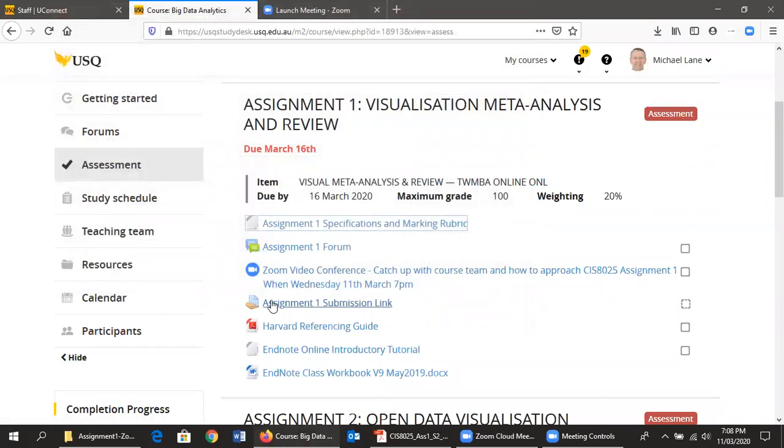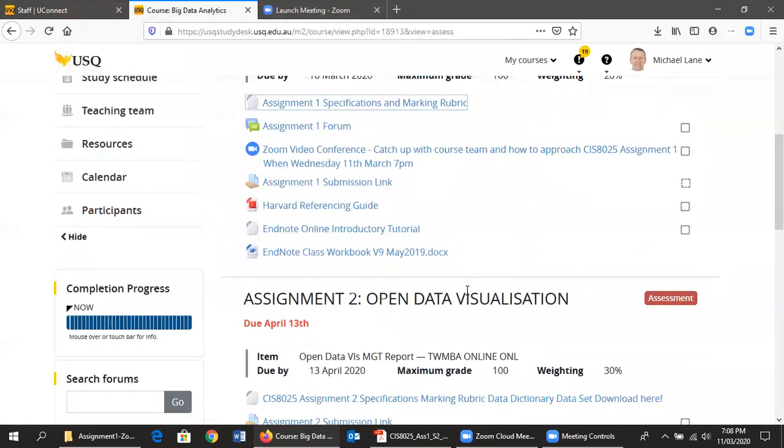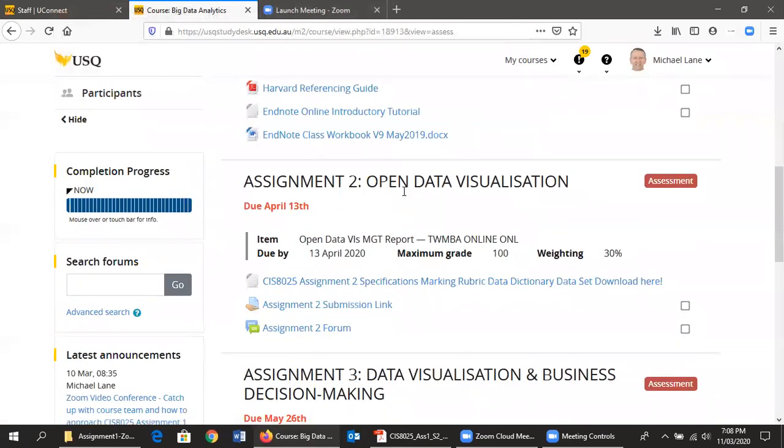Prior to each assessment there'll be a Zoom video link which you can join, and I'll advertise that. And you've got your assignment 1 submission link.